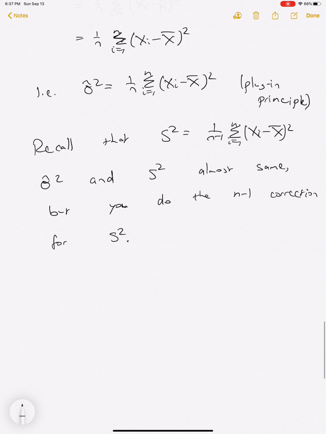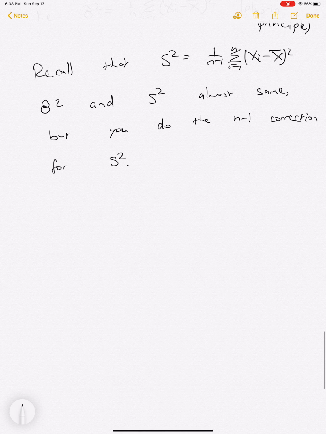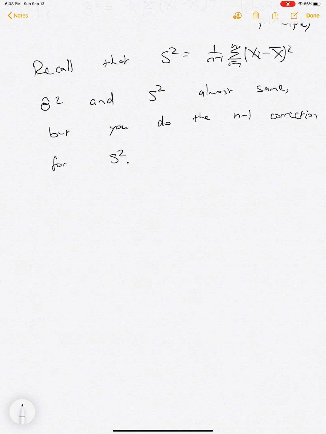So the plug-in principle would just say you take 1 over n, and s squared does the n-1 correction. And the reason, if you recall, why we do this is to make sure that E of s squared is equal to sigma squared. Okay, so the upshot of this is that the plug-in principle gives us ways to calculate population parameters, the mean and the variance.